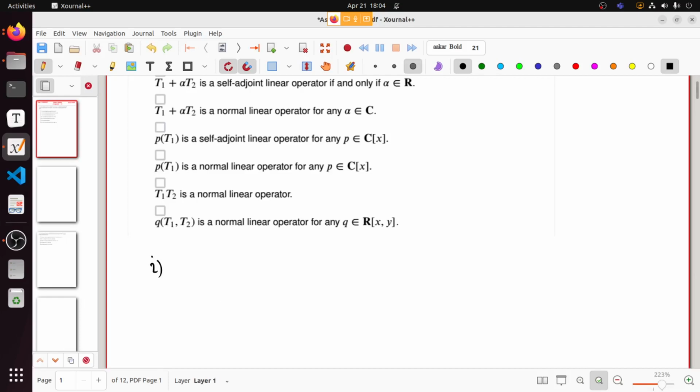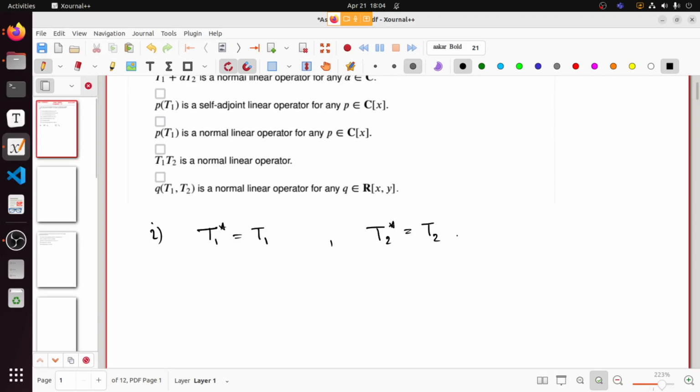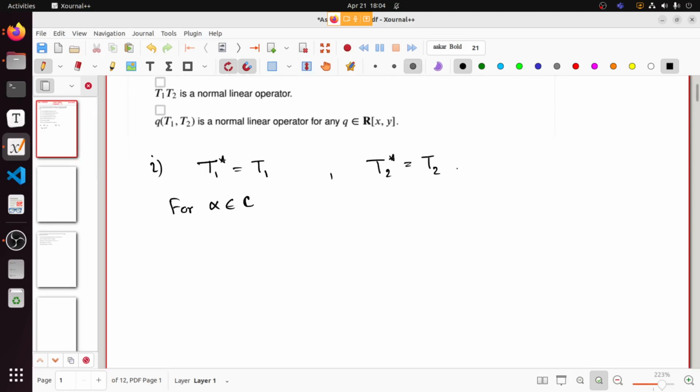For option number 1, T1 is self-adjoint means T1 star equals T1, and T2 is also self-adjoint means T2 star is T2. So we have to check T1 plus alpha T2 for alpha in C. Take the adjoint.